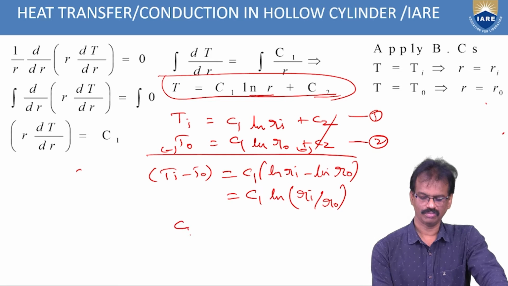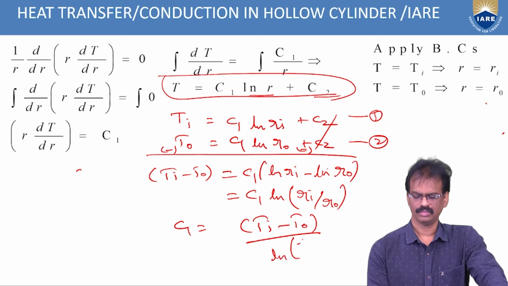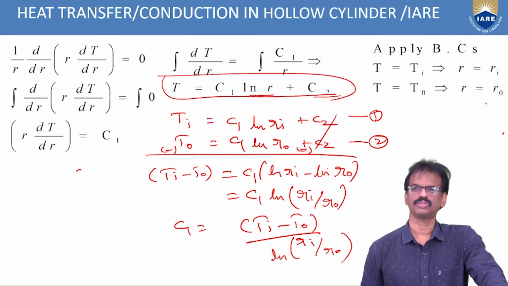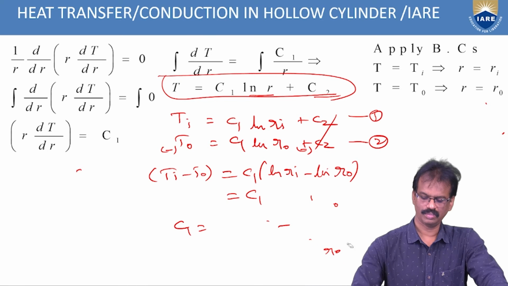From which C1 is equal to Ti minus T naught divided by ln Ri by R naught. So this is the C1 value. Again I am showing this one.